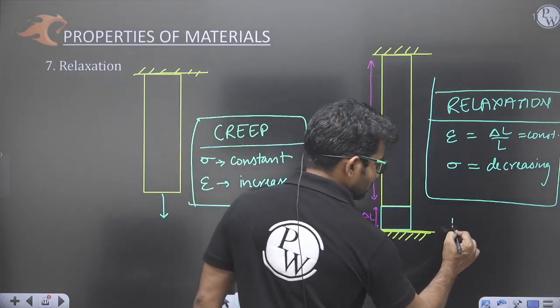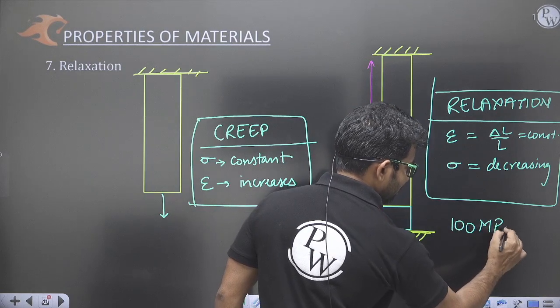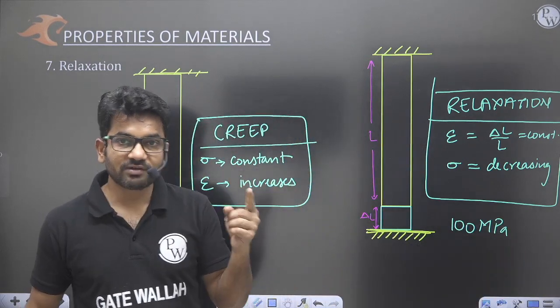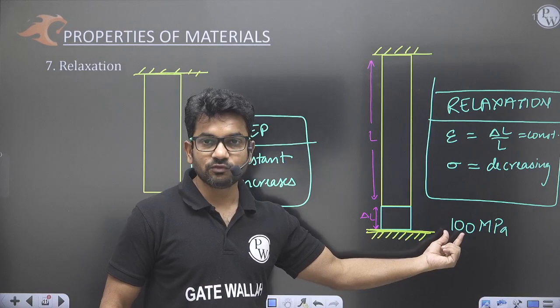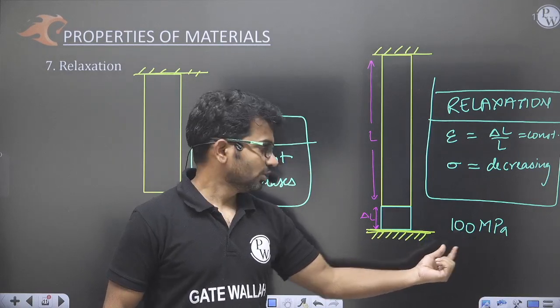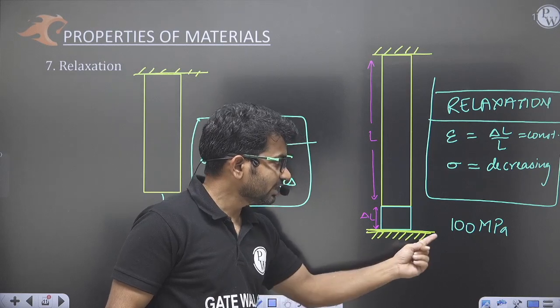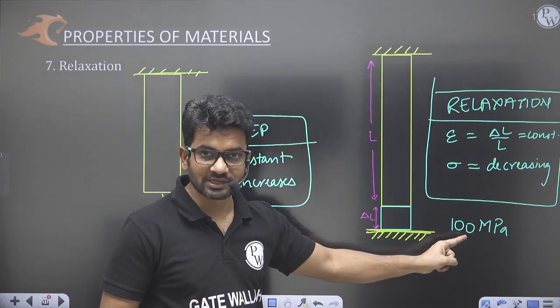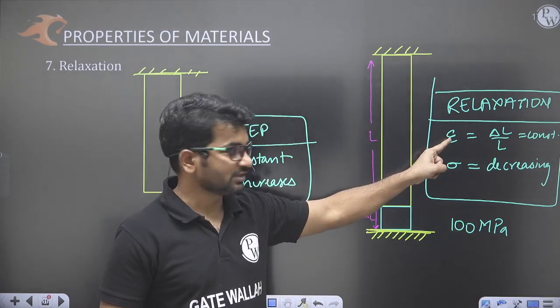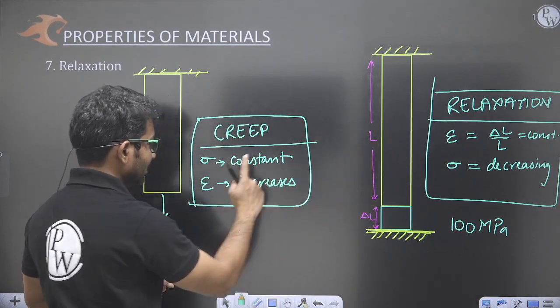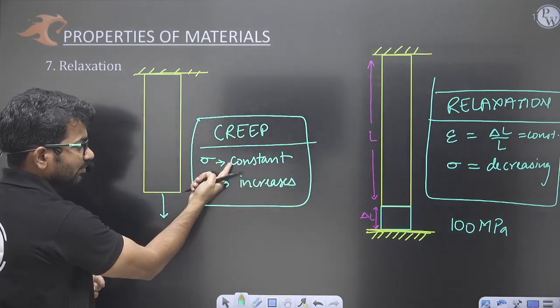Initial stress was 100 megapascal. Let us say after 1 year when I came, the stress was 99.5 megapascal. So I will pull it a little bit more, so that stress again increases to 100 megapascal and strain is now increased. So it has become similar, strain increased but stress constant.